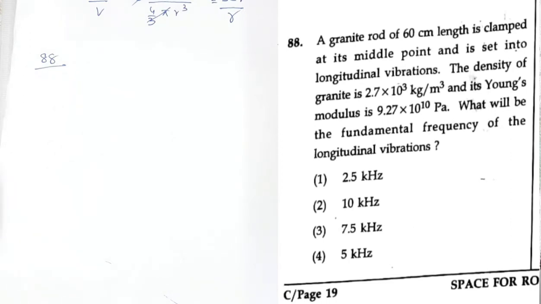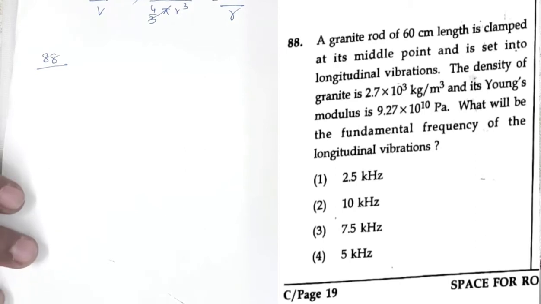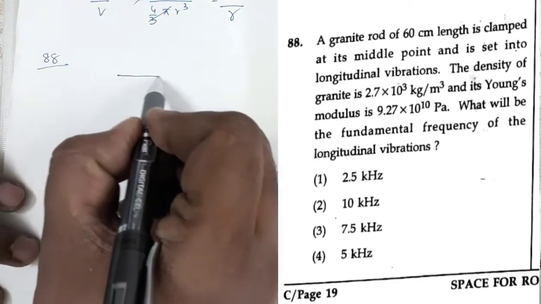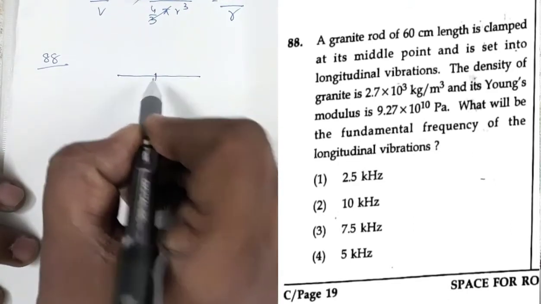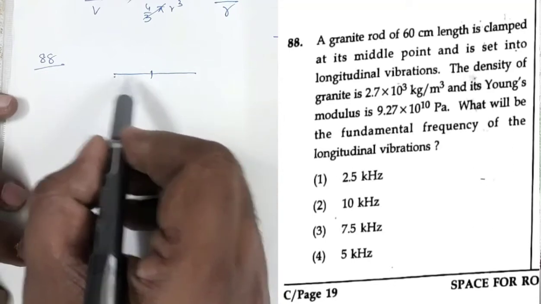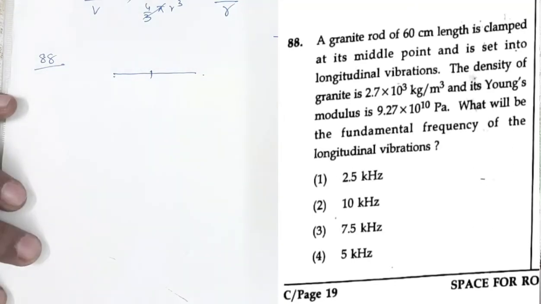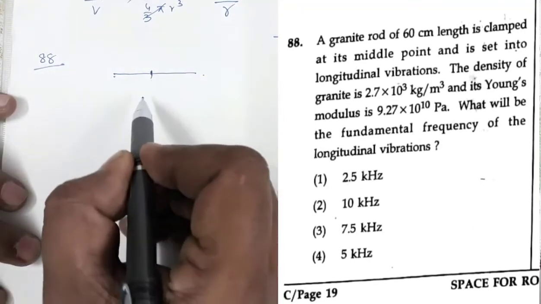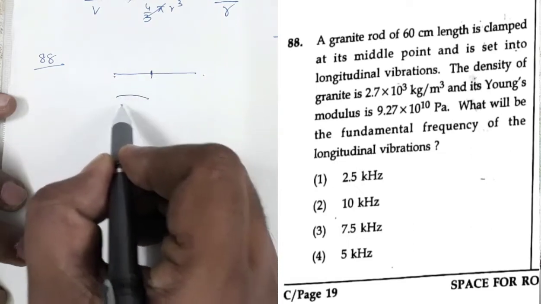You have a granite rod of length 60 centimeter. It is clamped at the middle and there are longitudinal vibrations in the rod. Density and Young's modulus are given and you are asked to calculate the fundamental frequency. So if this is the granite rod and it is clamped at this point, these two are free ends, so free ends will have antinode and this point will have node, so the vibrations will be like this.